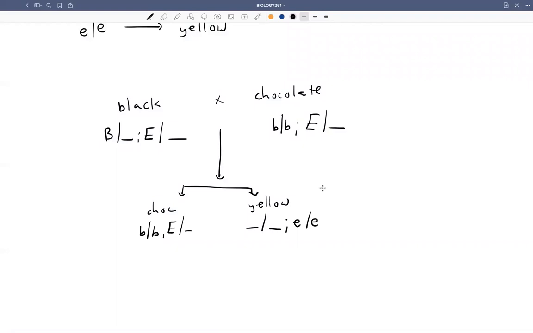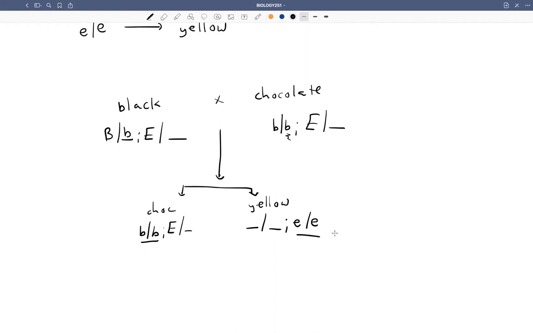Why, we sure can. We can look at the B gene and know that we have an offspring that's got little b and little b. So little b from the chocolate lab parent, that's easy enough. But the other parent also has to give us a little b. So that tells us that the black lab parent was heterozygous, because it had to have a little b allele to give.